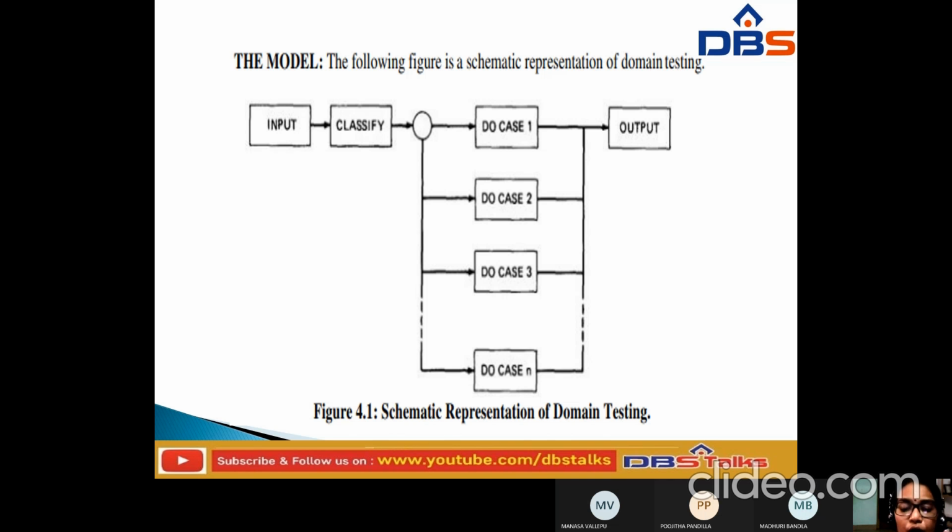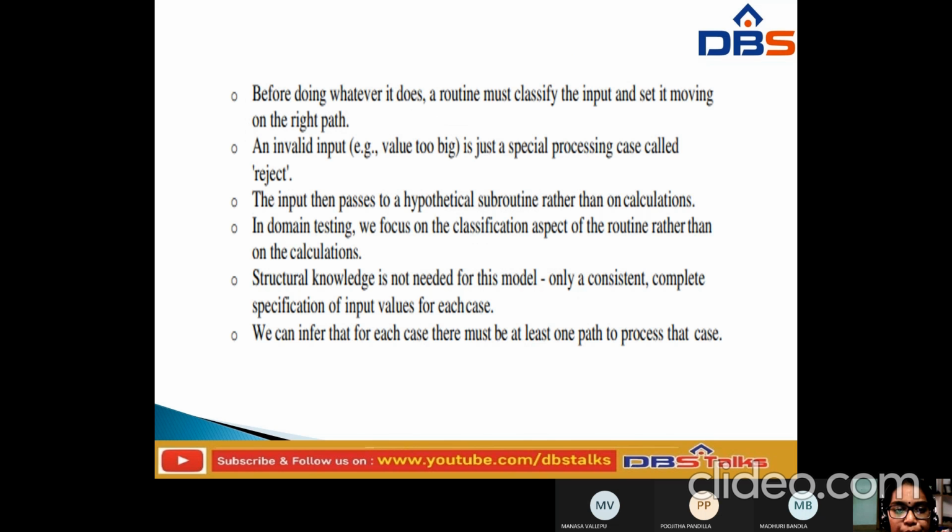So how are we going to perform domain testing? Here we have represented it in a diagrammatic way. In the next slide, before doing whatever it does, a routine must classify the input and move it into the right path.